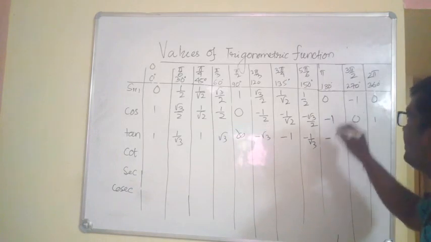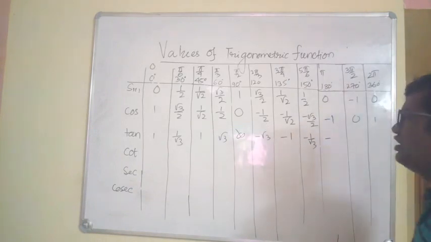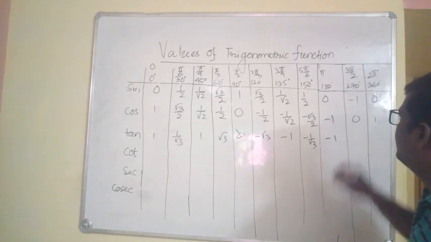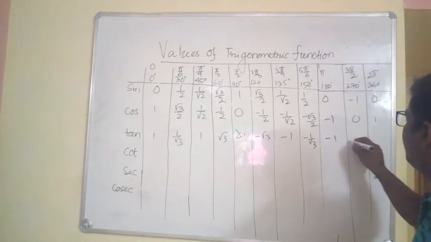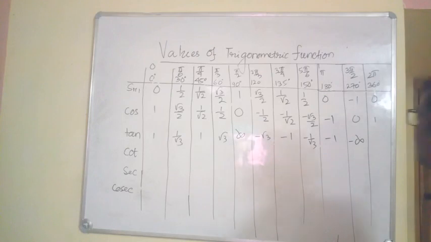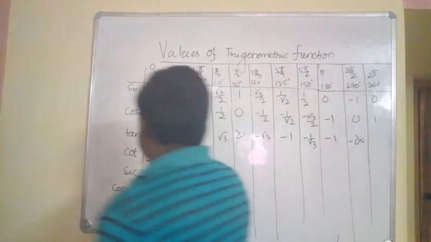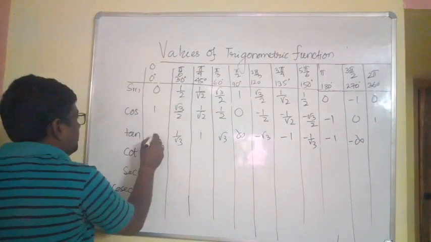Sorry, tan 180. Tan 180 degree, tan 0 is 0, tan 180 is 0, then 270 is infinity, then tan 2 pi, suppose this is 0. Here 0 by 1, 0.